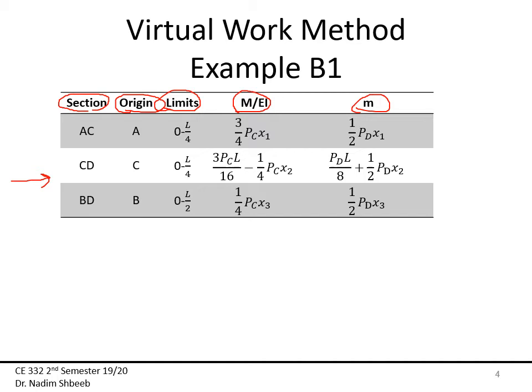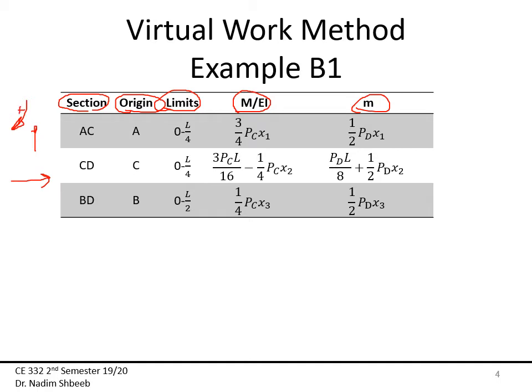You want your counterclockwise to be positive, then it has to be counterclockwise for all. For shear, if you want the upward direction to be positive, upward I mean this way, then it has to be for all. If you want the clockwise moment to be positive, then again it has to be clockwise for all.